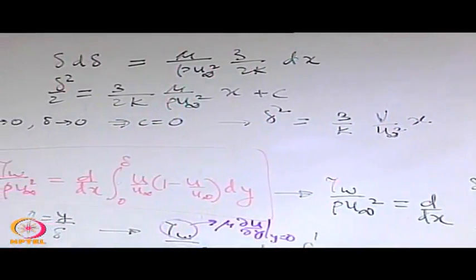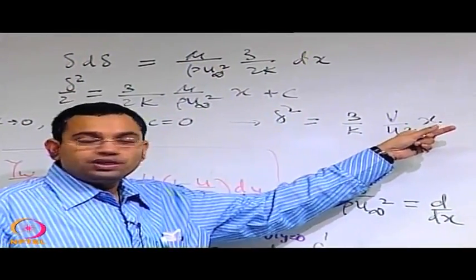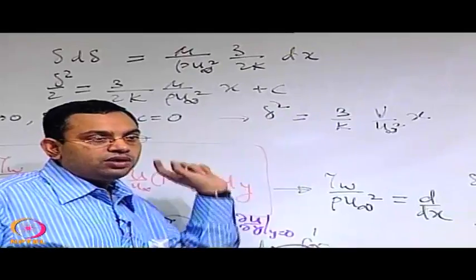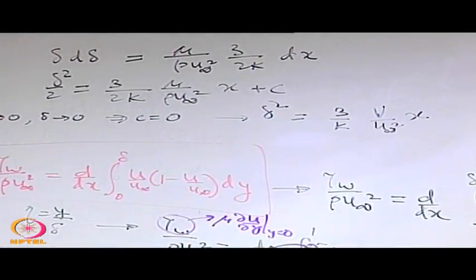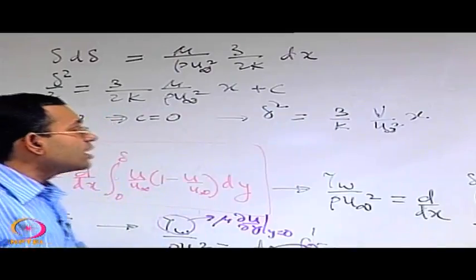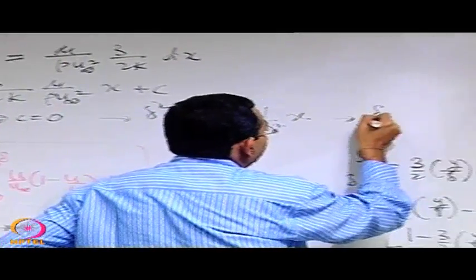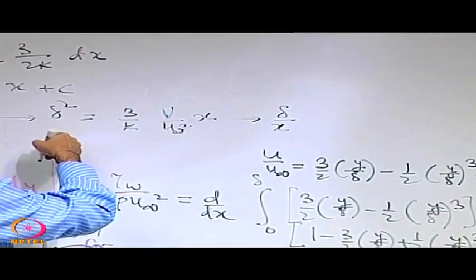You can see clearly that delta varies with the square root of x, which we have also seen from the previous analysis, like the order of magnitude analysis and the Blasius solution. Now, if you want to find out how delta by x scales, you have to divide by x square.